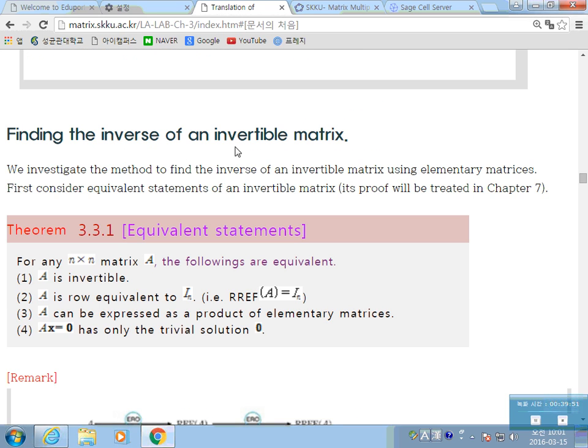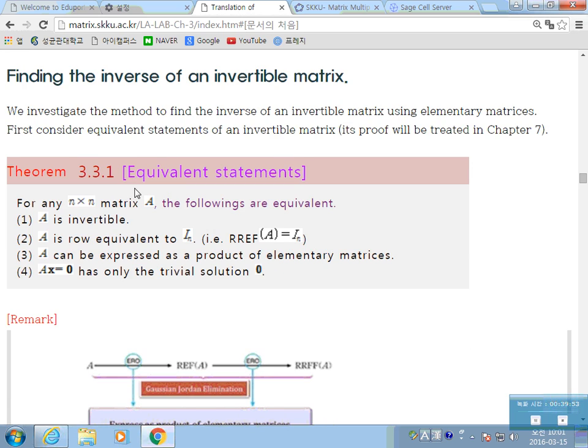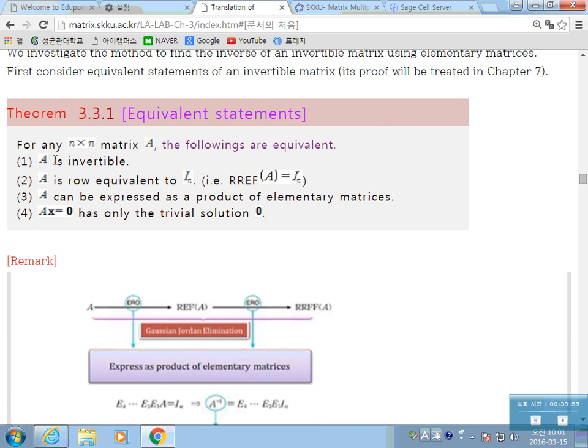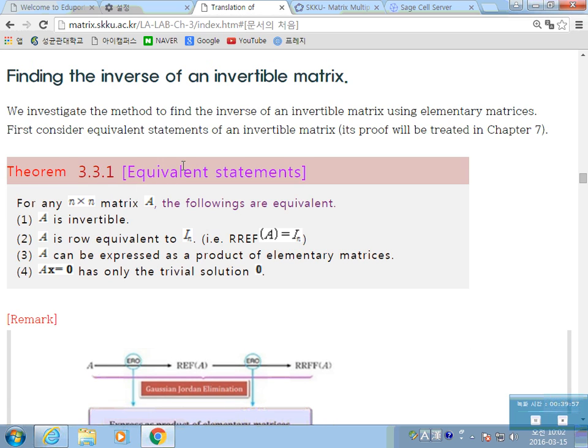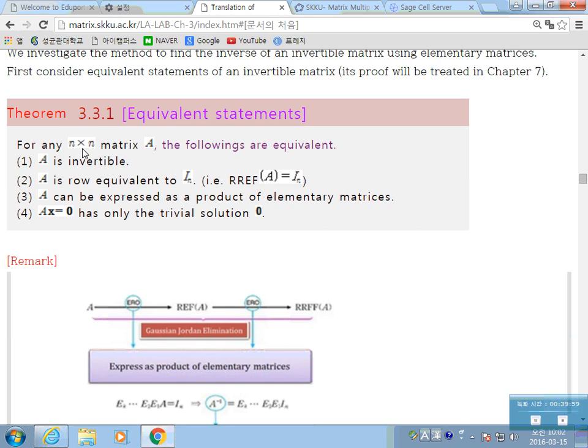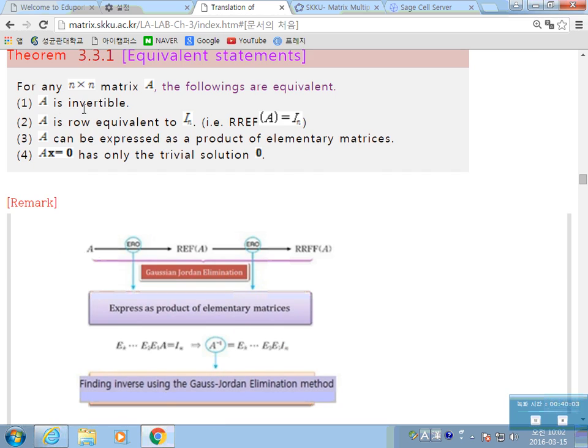Finding the inverse of an invertible matrix. This is a way to find the inverse matrix. For any n by n matrix A, the following are equivalent. A is invertible, then A is row equivalent to the identity, and A can be expressed as a product of elementary matrices.